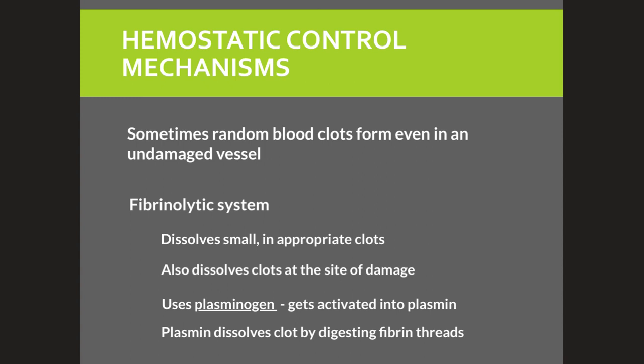Unfortunately, some people have issues with clotting factors in their blood, and their blood does not clot like it should. And so in that case, when they get an injury or a cut, they can bleed out because the body is not clotting.